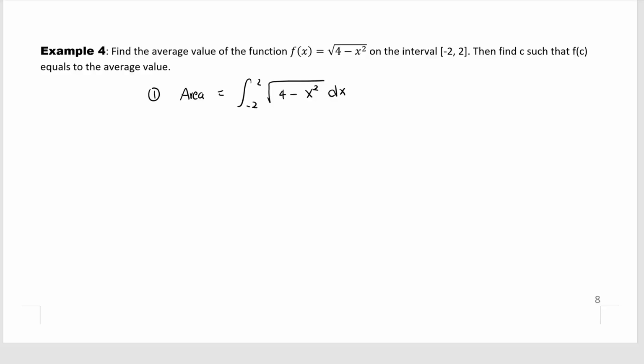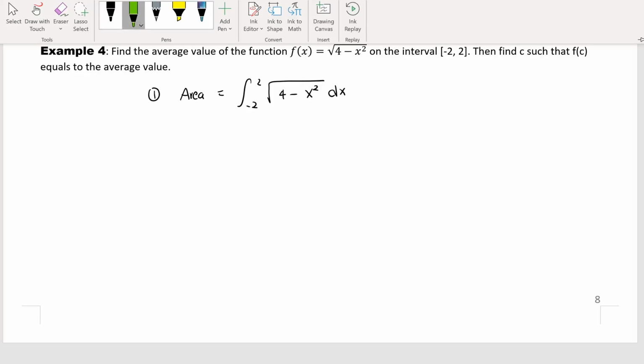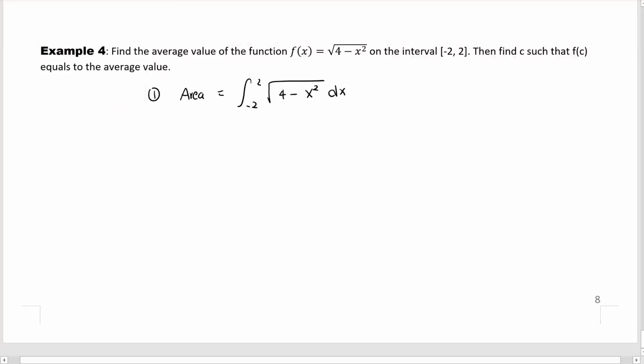Do you know how to integrate this function? Well, we don't have a formula for square root of something minus something squared, right? But if you can remember, in section 5.2, we talked about how to find the integral by the area of some geometry figures. So what we do is we call this y.